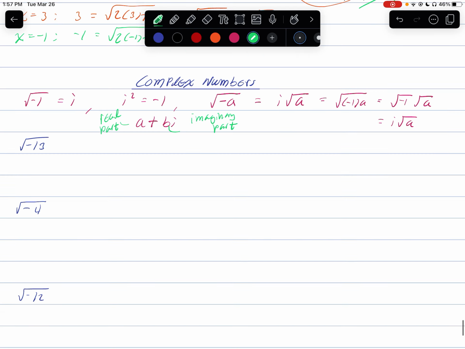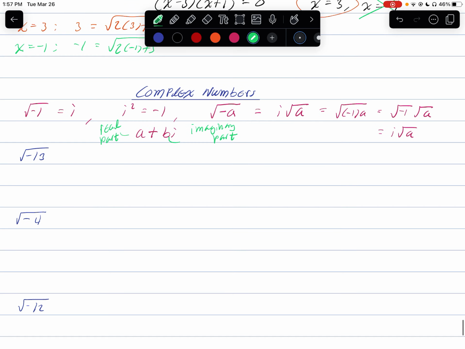Kind of unfortunate phrasing, because really these numbers are used all of the time in real world applications. They're not imaginary, they are real. But that's what we call them. We call them the imaginary part of a number.